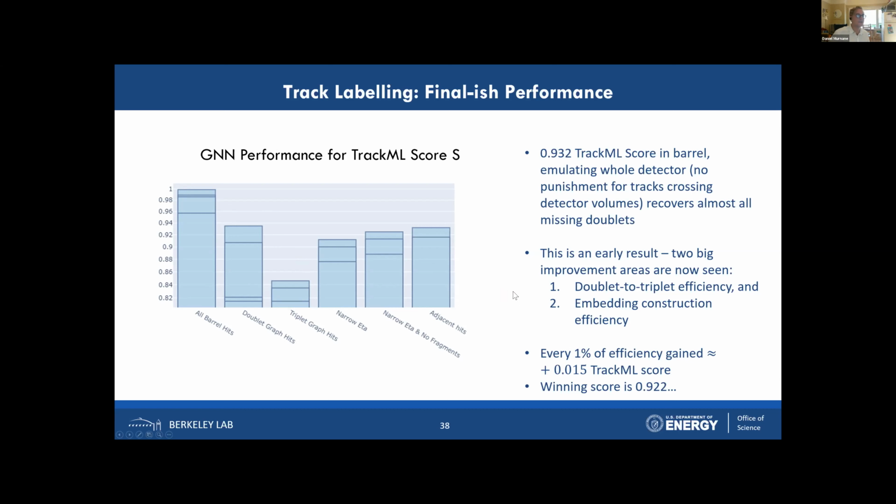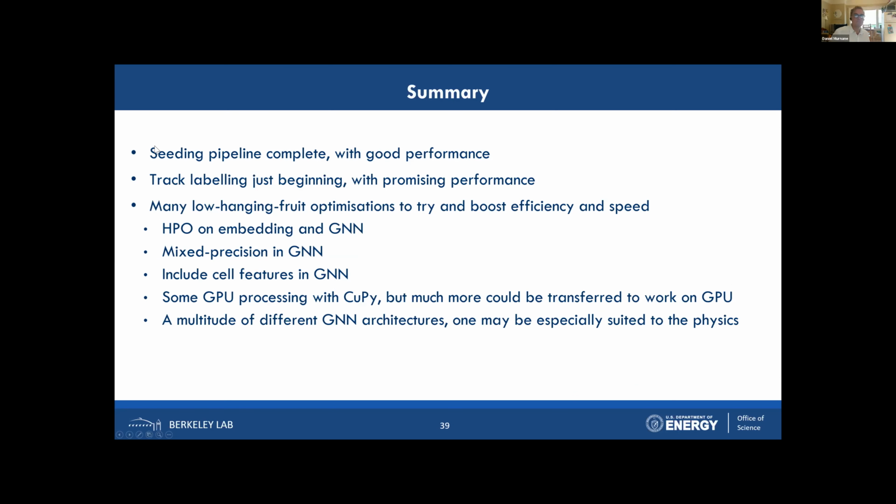Our technique is of the order of 5 seconds, with many optimizations that we can still make. So I'll just summarize that our seeding pipeline is complete, and we're at the point of now trimming down and improving the timing. And there are many options to do that.